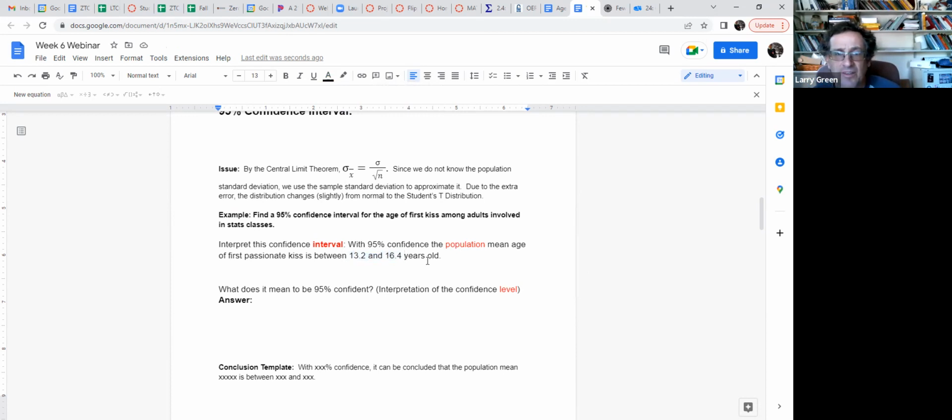Any questions about how I interpret it? Just to note, see this first word, because I found that if you remember the first word, that helps you do the whole thing. Always start with the word "with" when you want to interpret the confidence interval, or what is the conclusion. If it's about confidence intervals, then you start with the word "with." Got it?